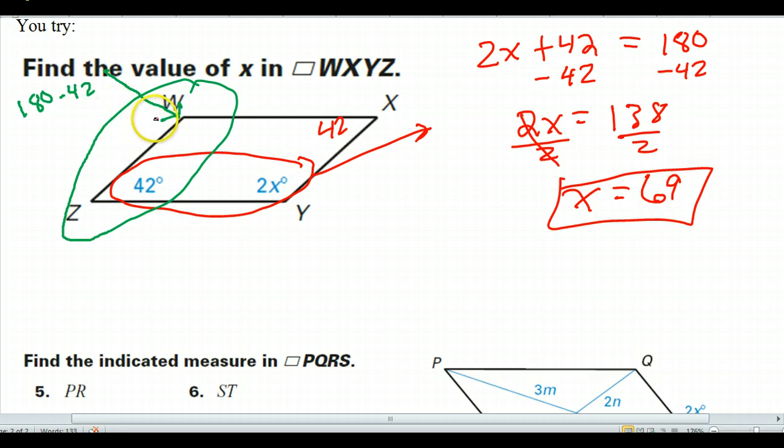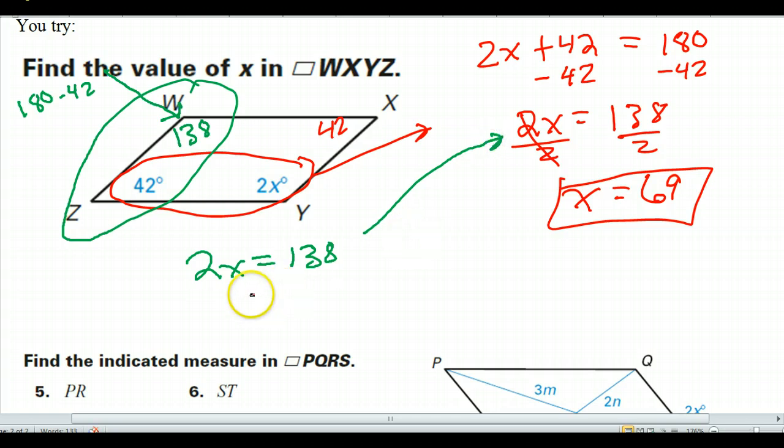And what did you get when you did that, Jill? I got 138. So she got 138 for angle W. And then she could just use an equation that therefore the 2x should equal the 138, because now they are opposite angles that she's dealing with. Okay? And of course that leaves you right there, so you're going to get the same answer. Either way, just as good.